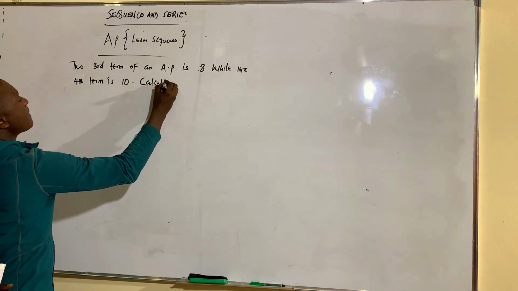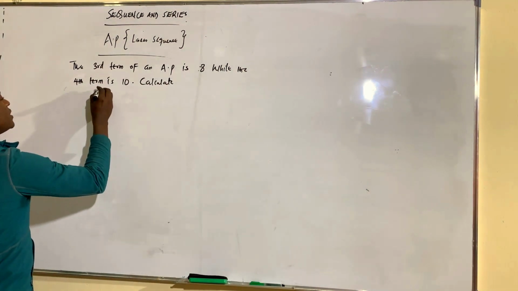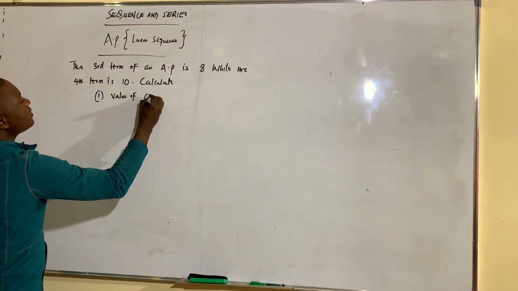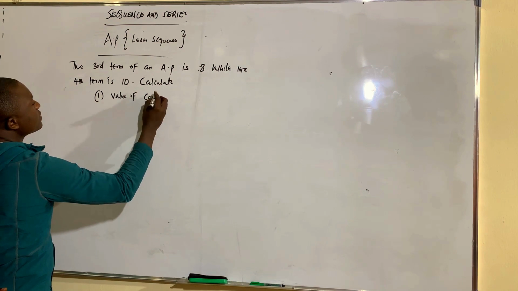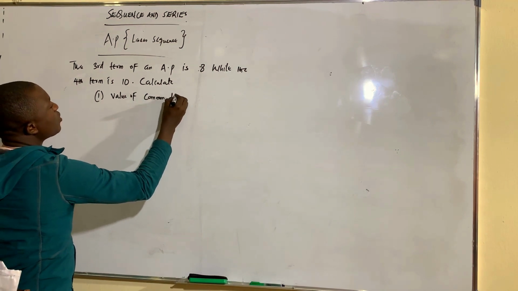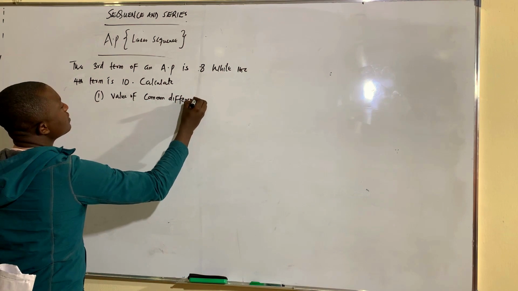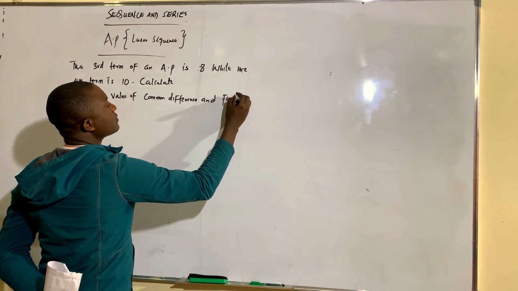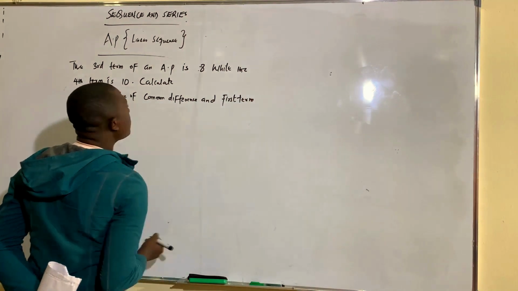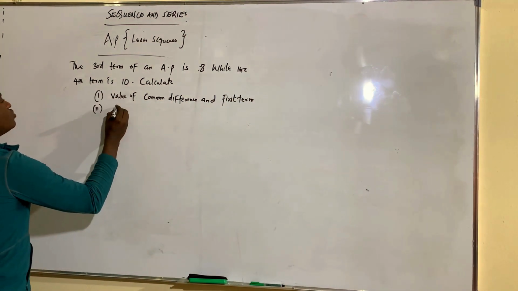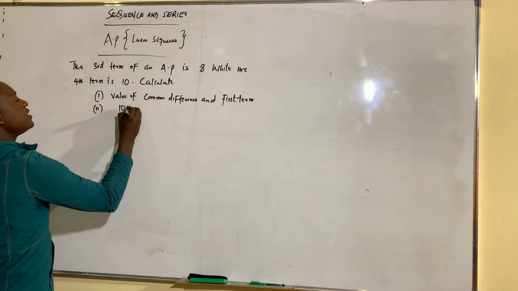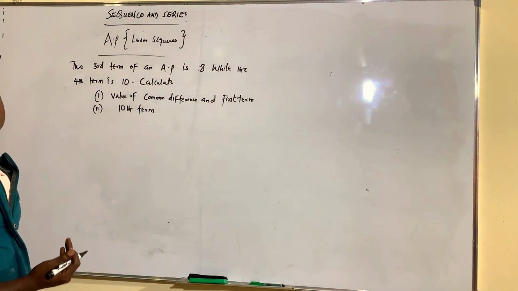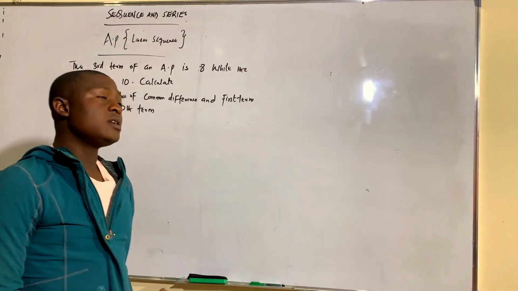Calculate the value of the common difference and the first term. Maybe let's say we are asked to find the 10th term. You don't need to panic. You see the same process, the same logic of how we solve the other problems.